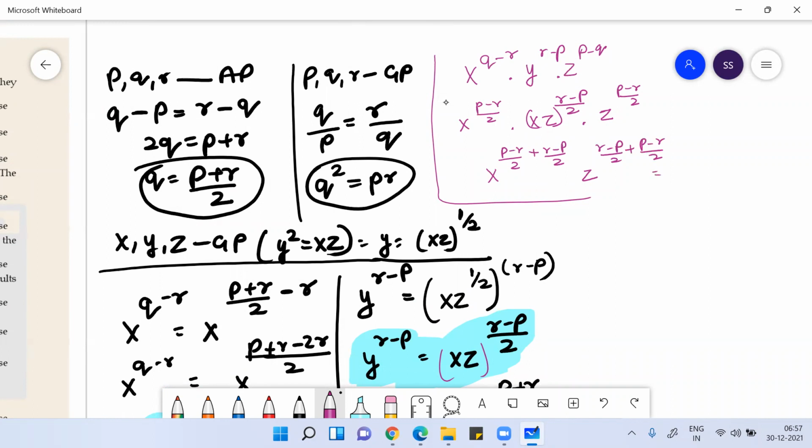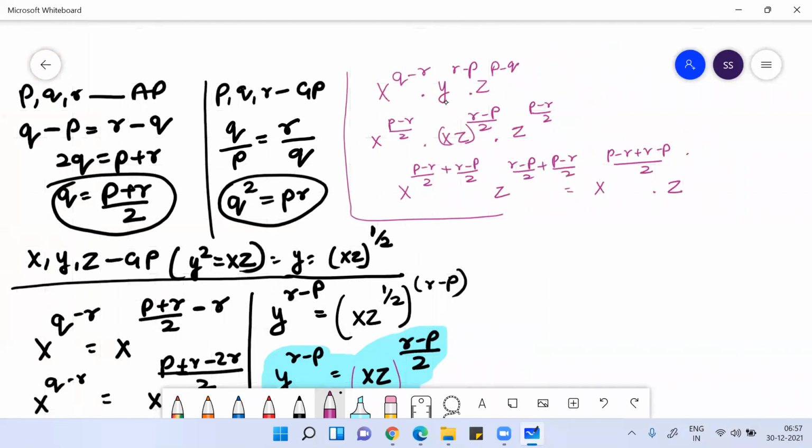So the base is the same and the powers get added: p plus r minus p by 2 for x, and similarly for z, r minus p plus p minus r by 2. If you notice, p gets cancelled, r gets cancelled, x to the power 0, z to the power 0, everything will be equal to 1.